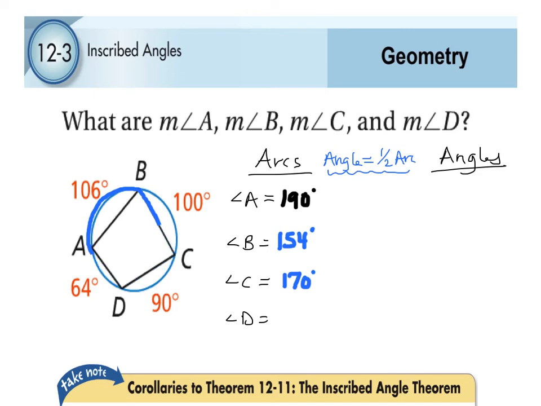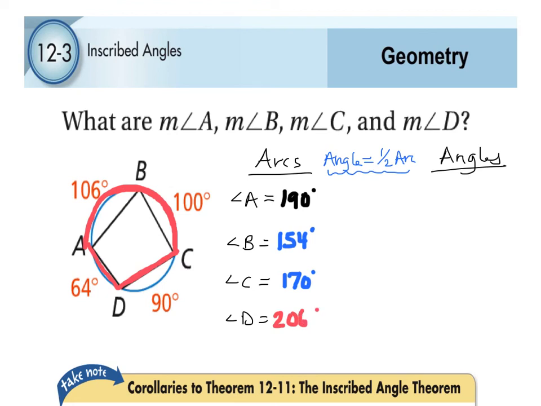And then the last one is angle D. Here's the arc that goes with angle D, which is going to add 100 and 106, which is 206 degrees.